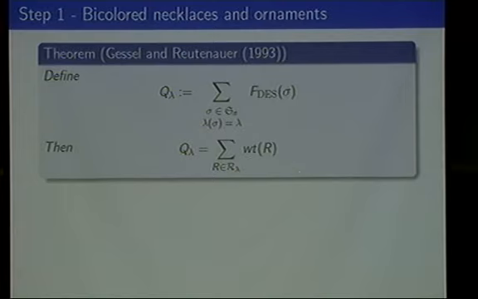And that was their result. And they used it to count permutations of a given cycle type with a given number of descents, or given descent set.